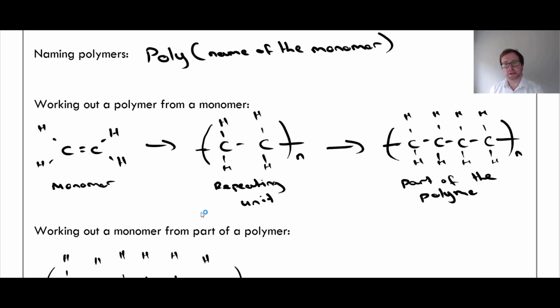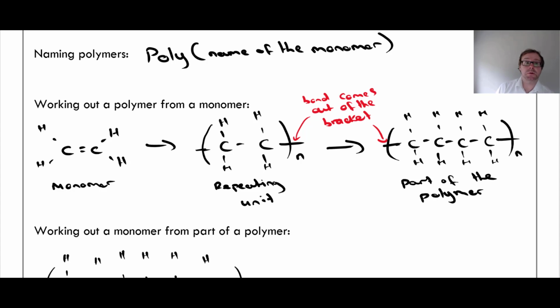And a very quick point is that when you're drawing the repeating units, or the part of the polymer, you must make sure that the bonds come out from the brackets. This is very important.